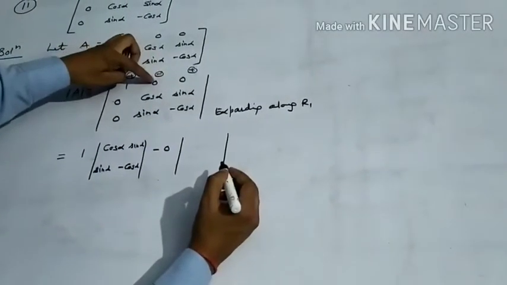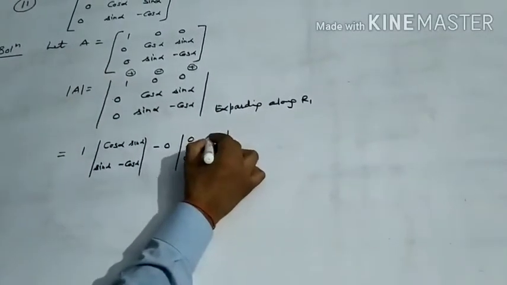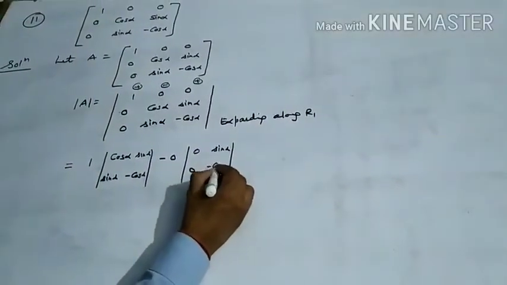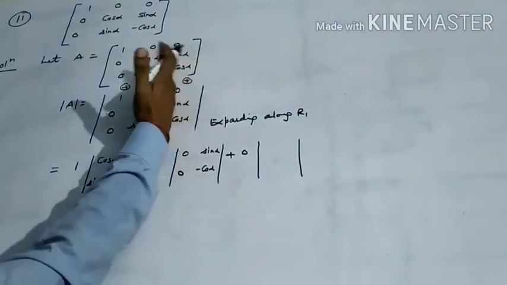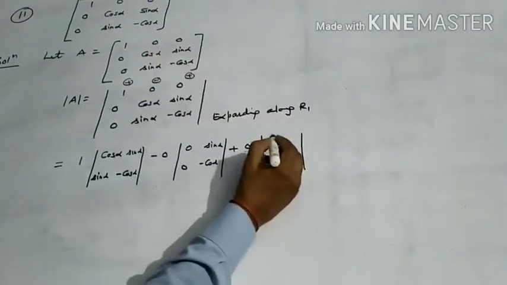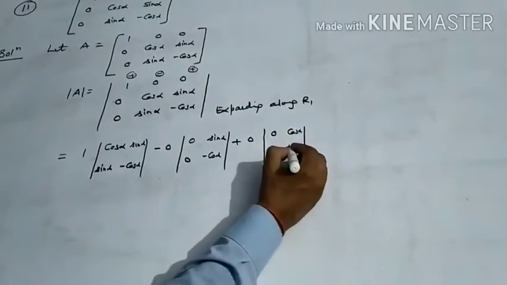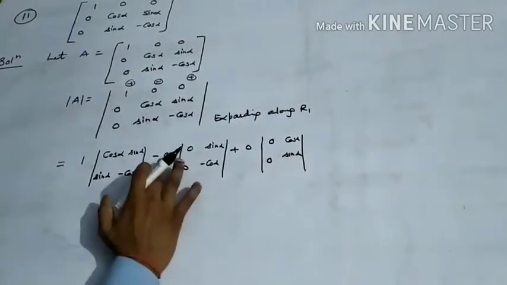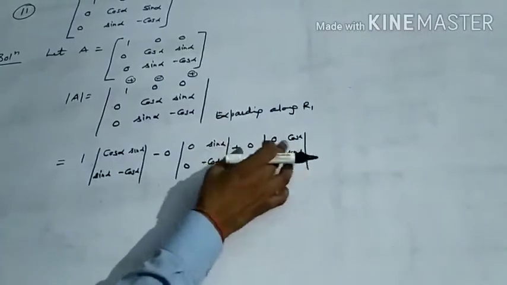leaving the first row and second column, so this is 0, 0, sin alpha, minus cos alpha. Then plus 0, subdeterminant after leaving the first row and third column, so this is 0, 0, cos alpha, sin alpha. Here I have 0 multiplied by this and 0 multiplied by this, which means both terms are 0.